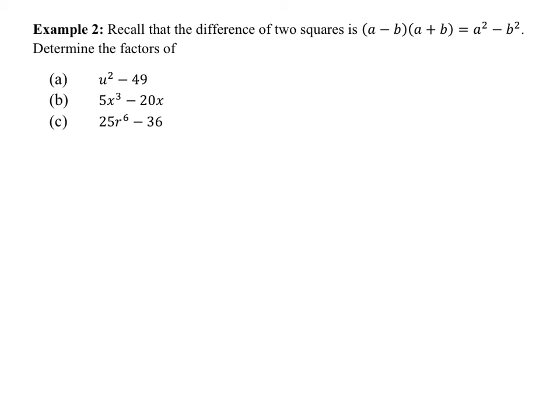So for A, it would be like u minus 7, u plus 7. I'm assuming you're going to get through these pretty quickly, so we'll go through these right away.